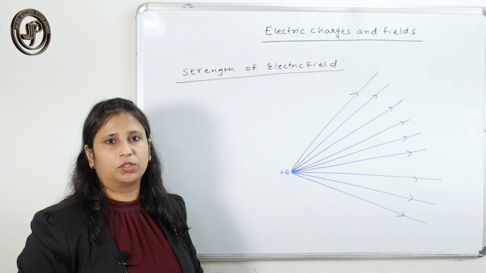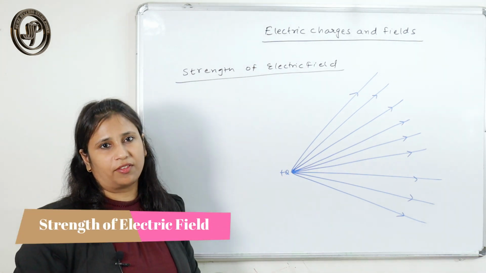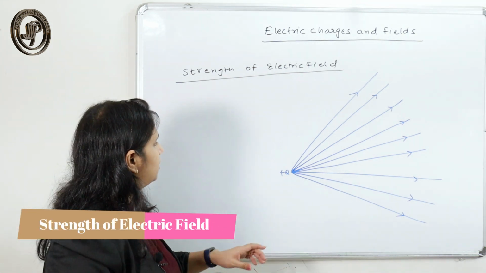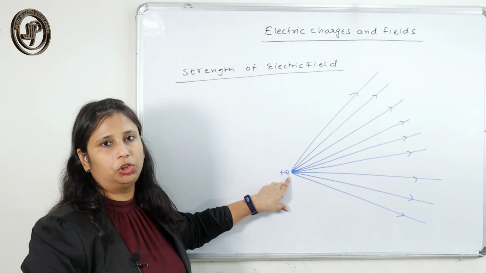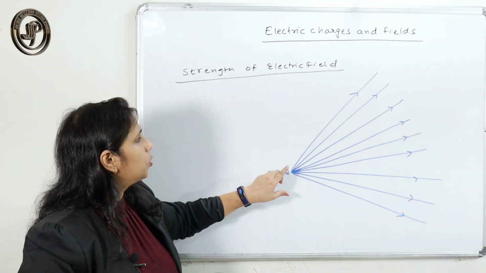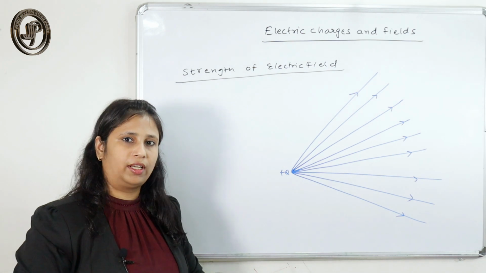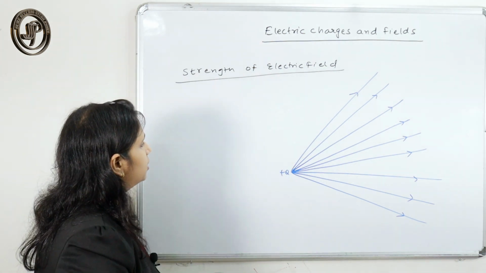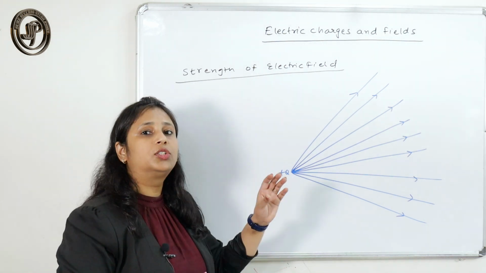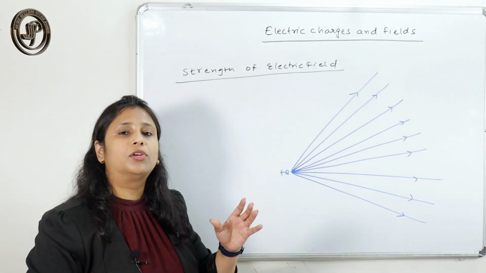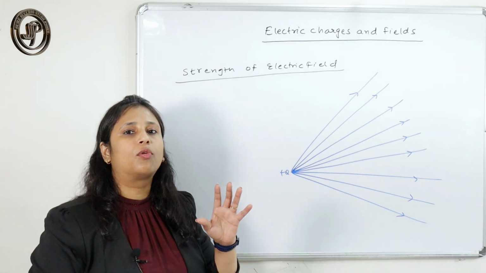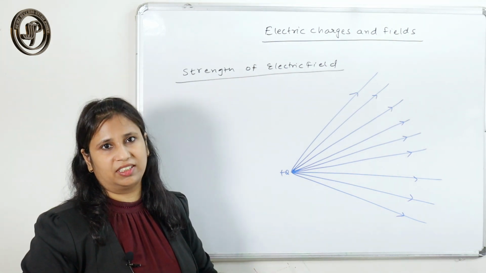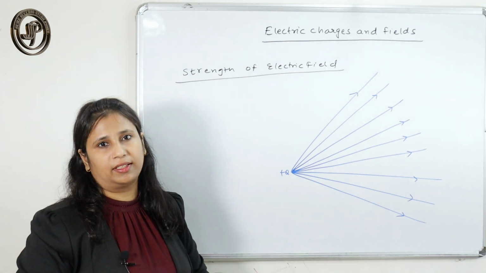Strength of electric field. So how do we find the strength of electric field? If I say the charge plus Q produces the electric field lines that I have drawn, and it is asked to predict whether the electric field is stronger or weaker in a particular region, how would you find that strength?